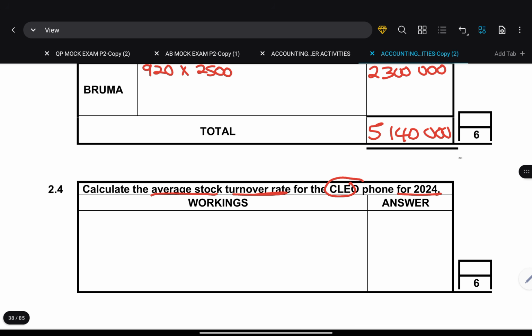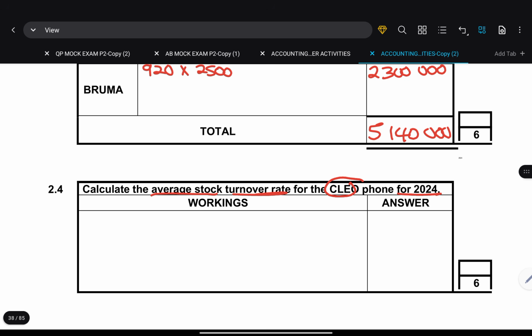Okay. Now, the other thing that is very important is to know how to identify your formulas, guys. Remember, in terms of formula, they say calculate the average stock turnover rate for the Clio. Here they didn't say use closing stock, they said use the average.